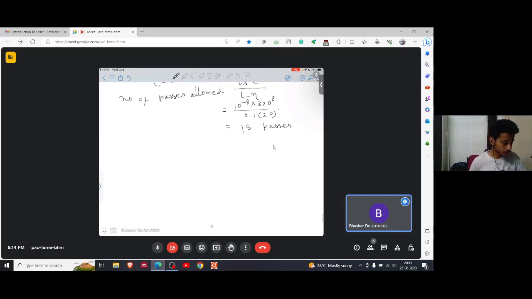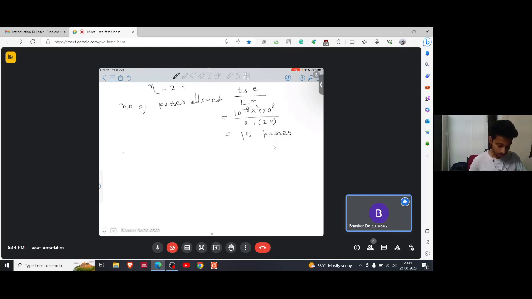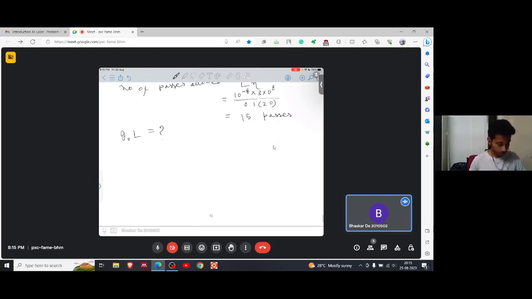And the second part of the problem is what is the value of the gain. So we have to find G0 L. We will start from e to the power 15 G0 L. So here this is the 15 passes and this is the gain after each pass. So e to the power 15 G0 L is 16 L by dA whole square.